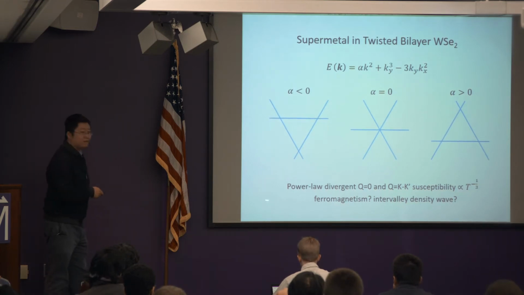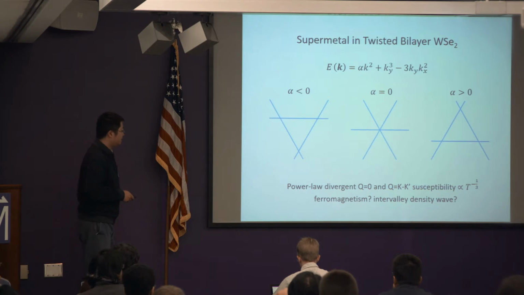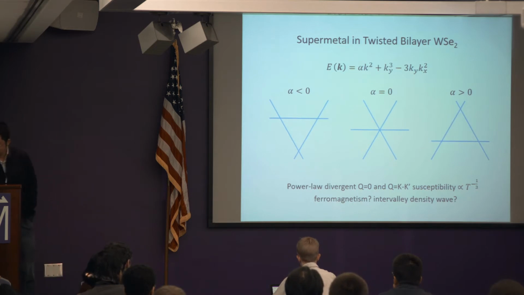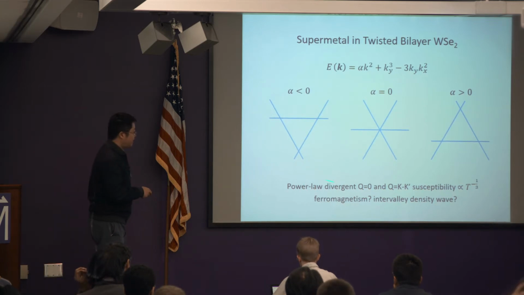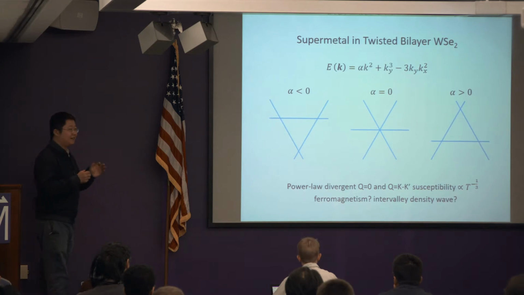So this leads to two scenarios, two possible order states. One is ferromagnetism, the other is intervalley density wave. Now, let's remember that because the band dispersion is pretty large, to get the ferromagnetic state, all the electrons have to be in one valley. So there's a lot of cost associated with kinetic energy.